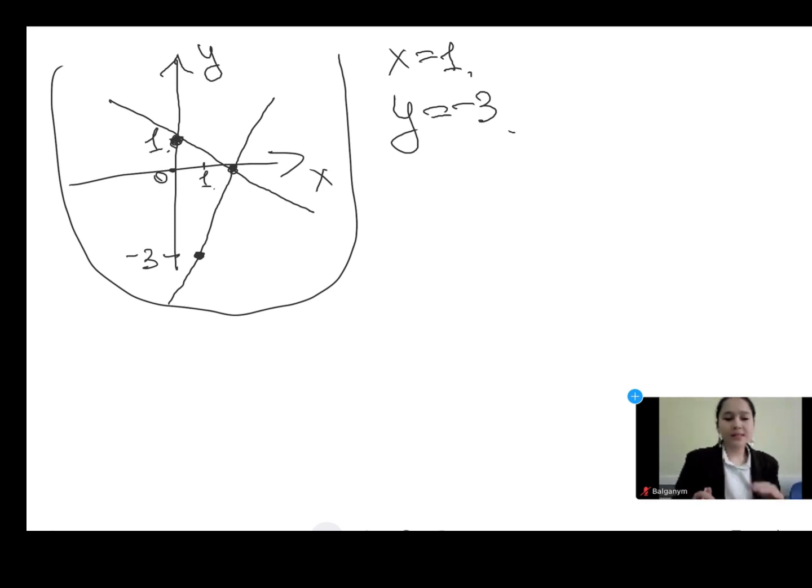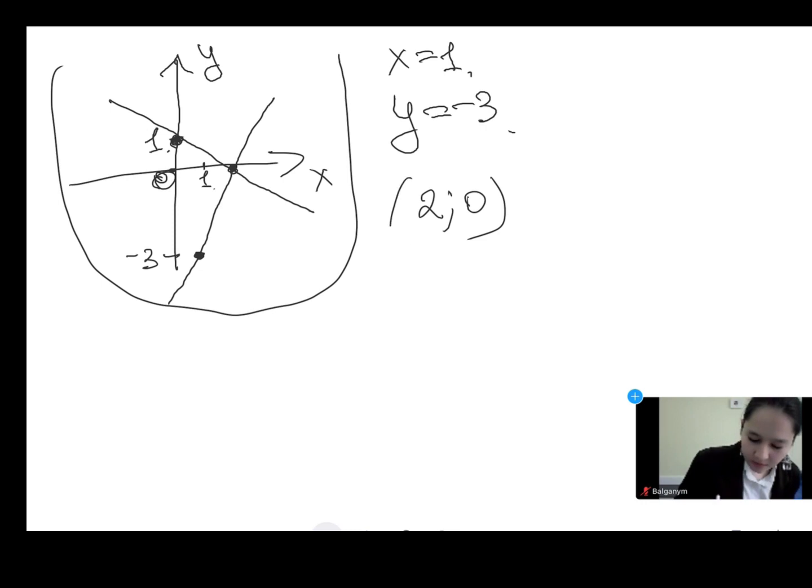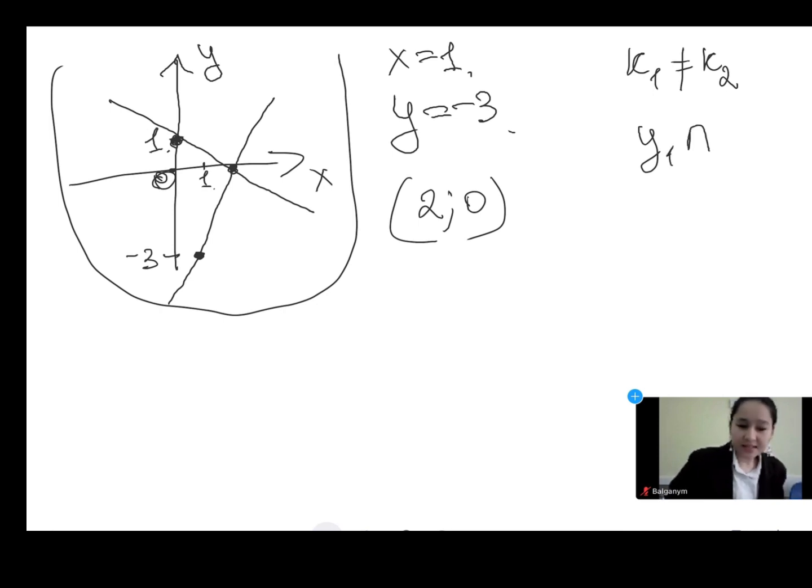That is the point that passes through the points on the 0 and the x-axis. The intersection point of this graph is 2 and 0, and we can write k first not equal to k second, y first, intersection, y second. And this point, we can write like A or B, what you want.